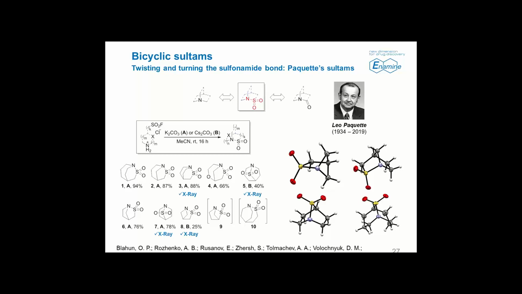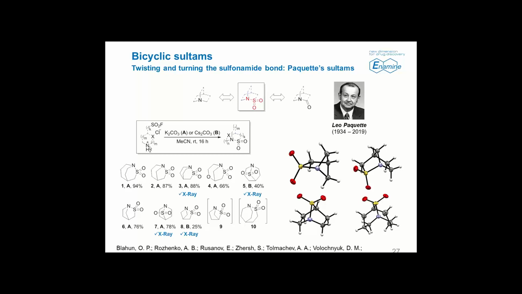In our approach to these compounds, we used a more straightforward approach, which is based on the formation of the sulfonamide bond. The synthetic disconnection was performed as it should be done by the rules proposed by Corey, at the most obvious bond in the molecule, the sulfonamide bond.